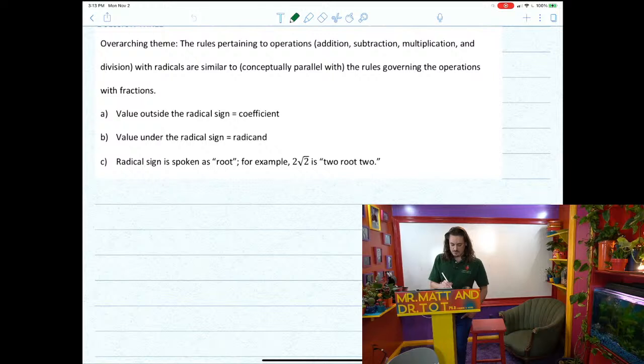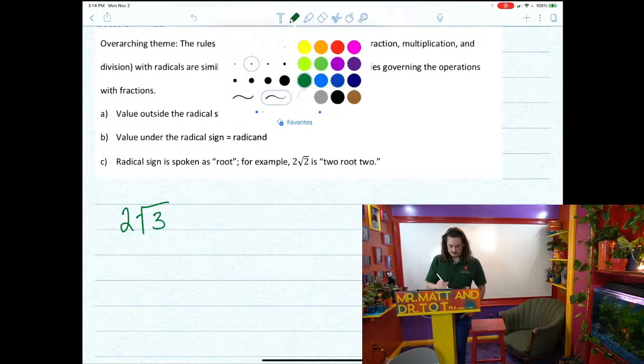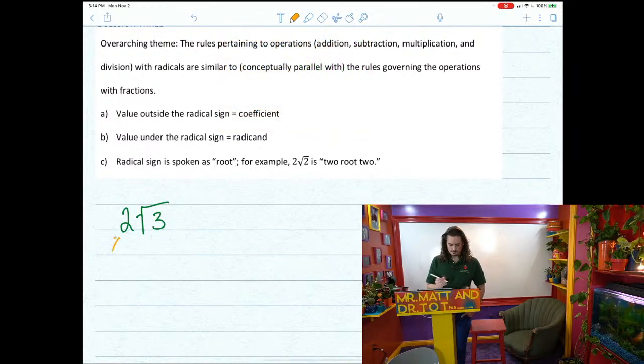If we had a number like 2 root 3, the 2 here is going to be the coefficient. This is called the radical sign. And the 3 is the radicand, which is the value underneath the sign itself.